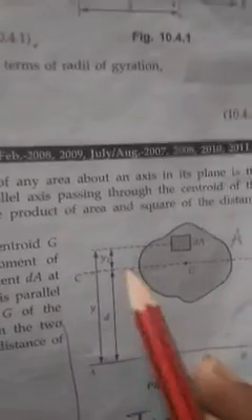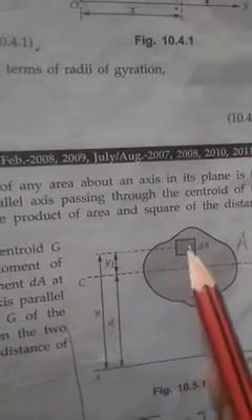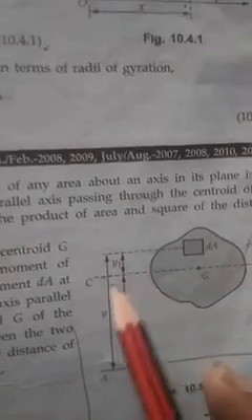What is y1 square into dA? See the figure: y1 is the distance from the axis passing through the centroid of the element.